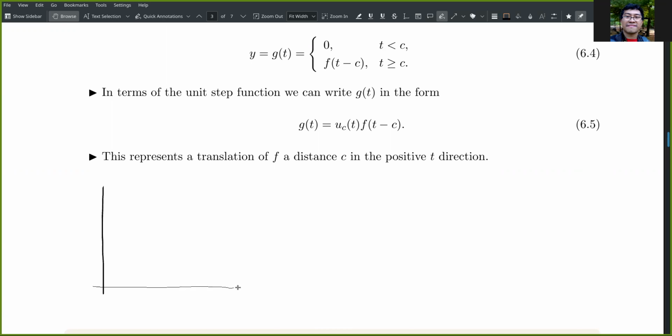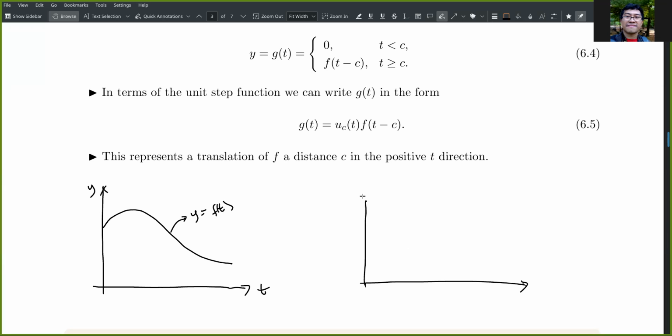If we create a plot of, let's say, f, suppose y equals f(t) looks like this. This is our y, this is t. The translated function, our g, would start from c, this one.